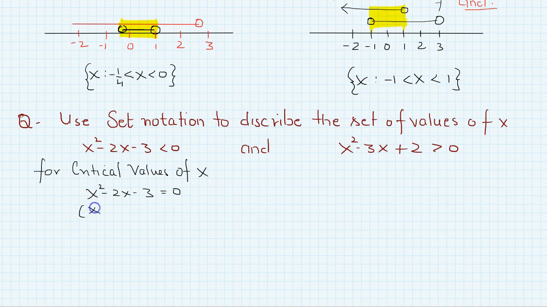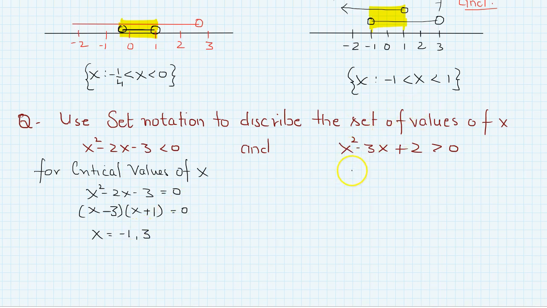So we can write the factors directly here. 3 times 1 is 3 and minus 3 plus 1 is minus 2. So x will be minus 1 and 3. These are the critical values.